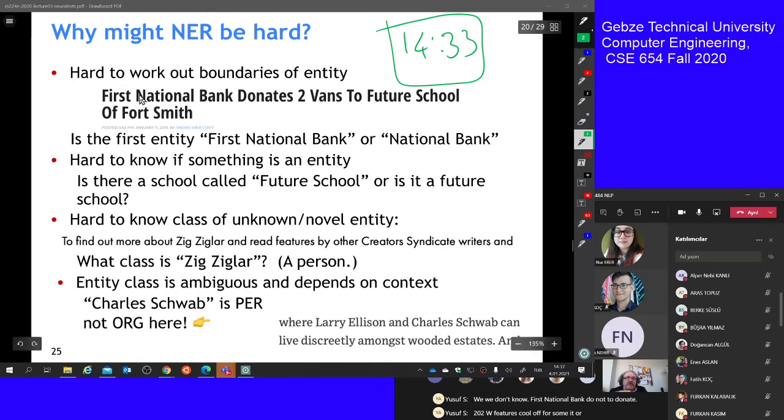Also, is it the Future School or the School of Fort Smith? Hard to know where it starts. For example, Charles Schwab is the person who founded an organization, and the name of the organization is Charles Schwab. Is that a person or an organization? So it's a hard problem.